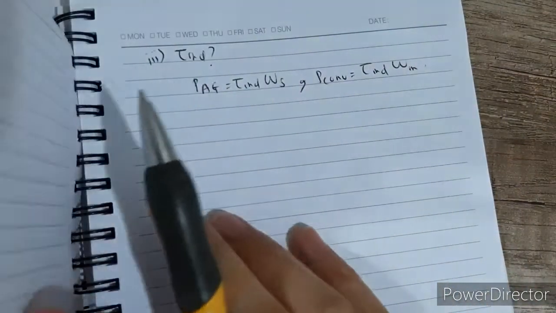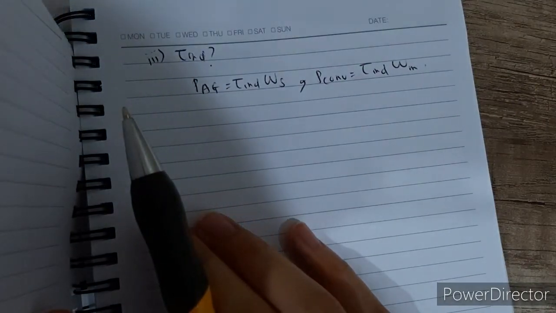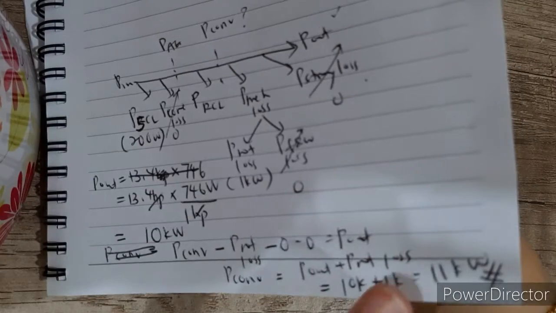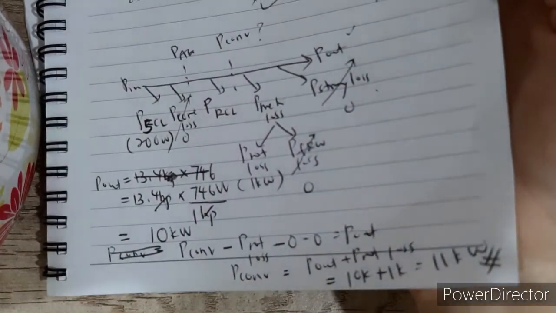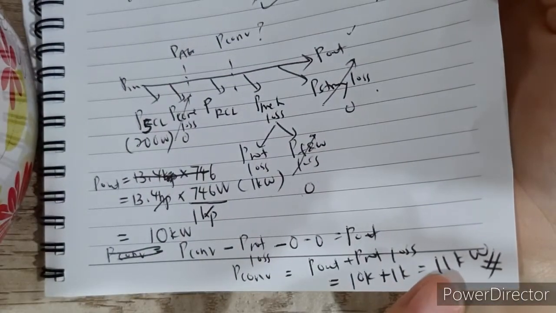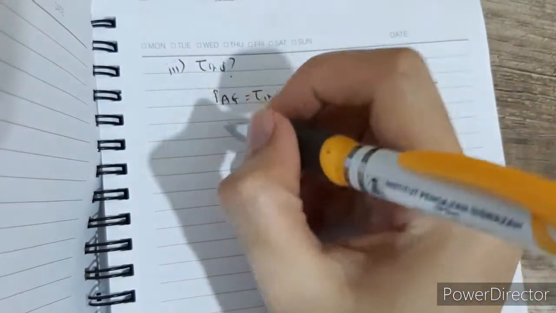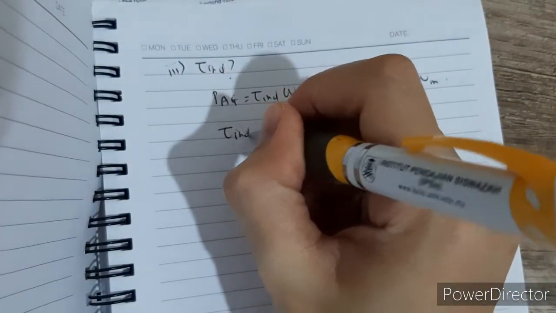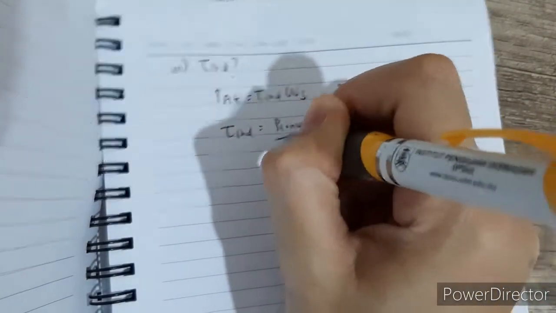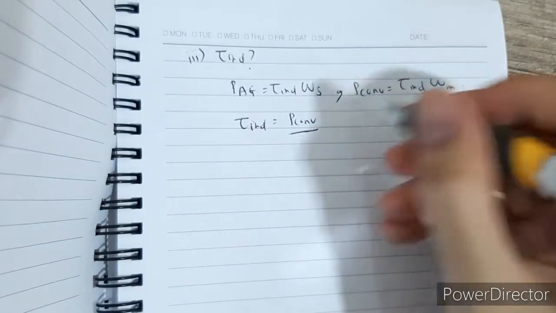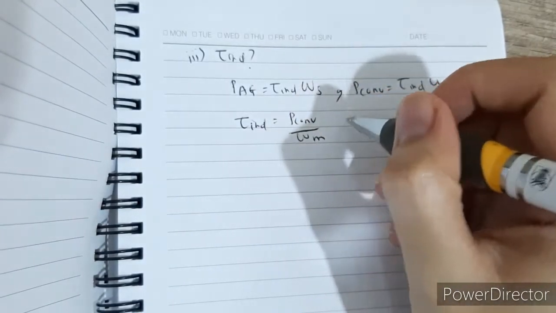For me, since from the previous question we already have the value for P converted, why not use the one related to converted power. So induced torque equals P converted over omega m.